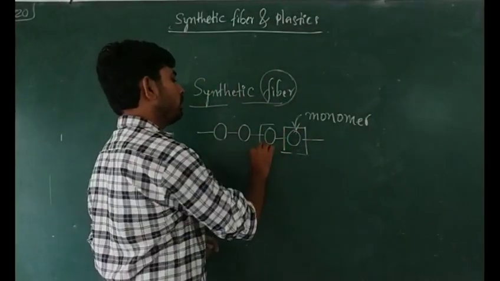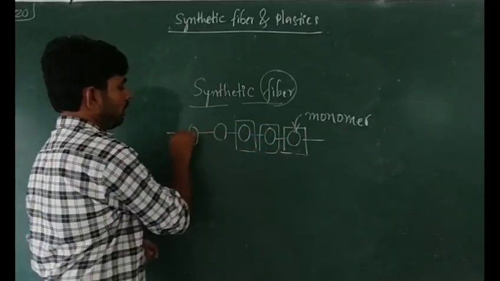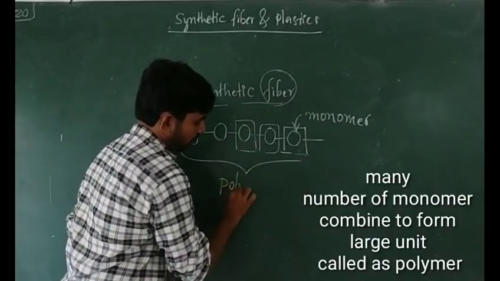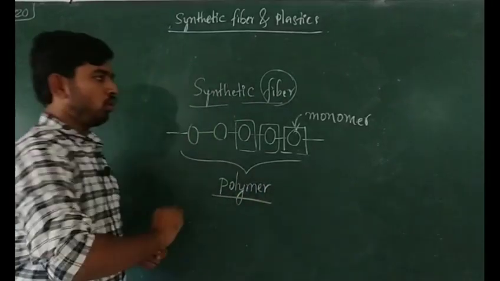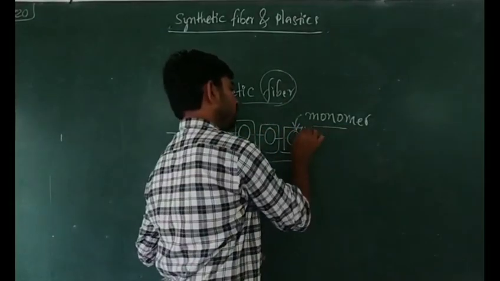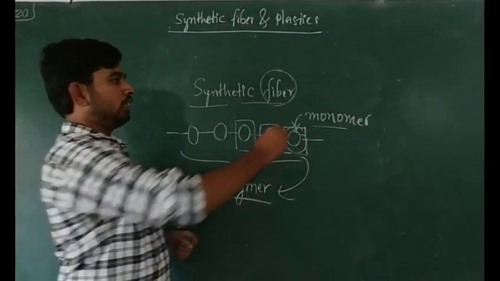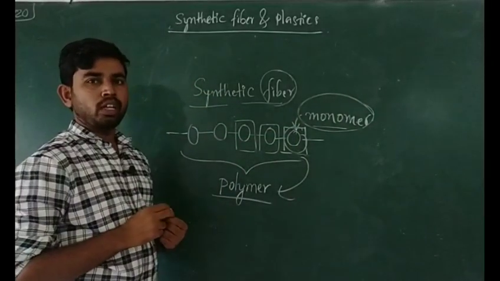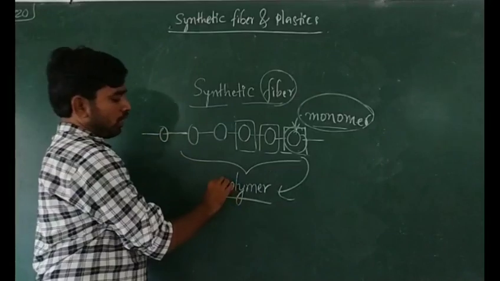N number of monomers join together and form a long chain. This long chain we call a polymer. So monomer means a single unit of polymer, and n number of monomers combined together form a long chain which we call a polymer.